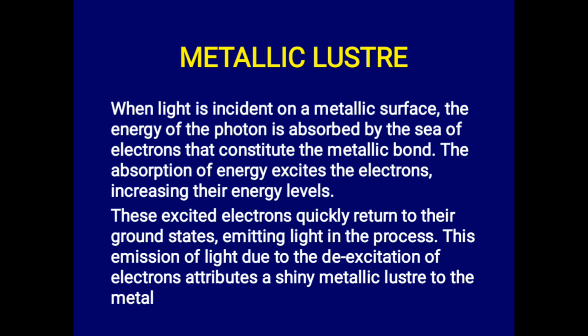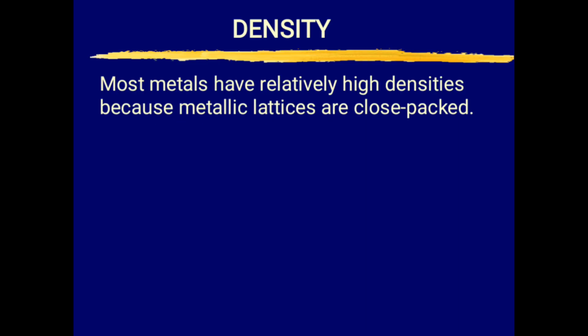These excited electrons move. The emission of light due to the excitation of electrons gives metals their shining metallic luster. Metals also usually have high densities because their lattices are closely packed.